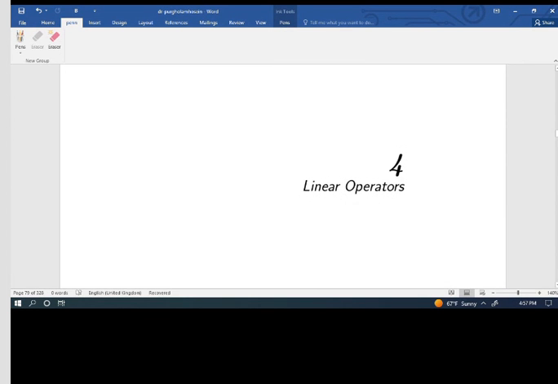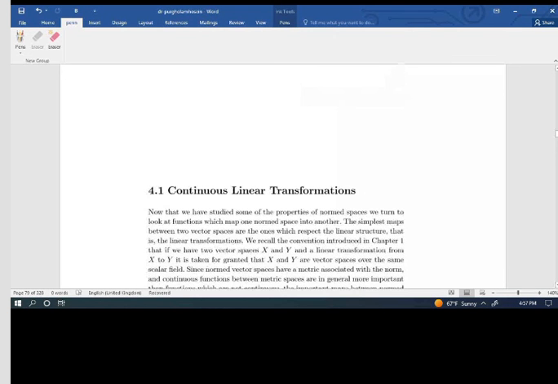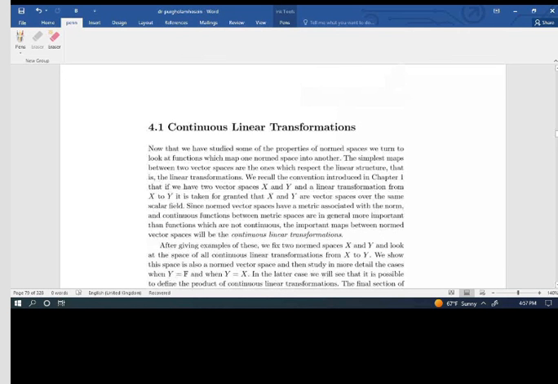Linear operators. Linear operators are key roles in functional analysis, and they are very important. First, continuous linear transformation.